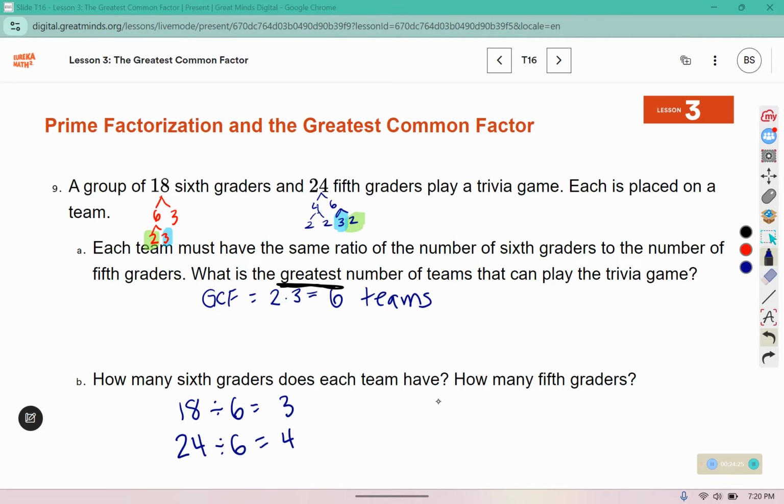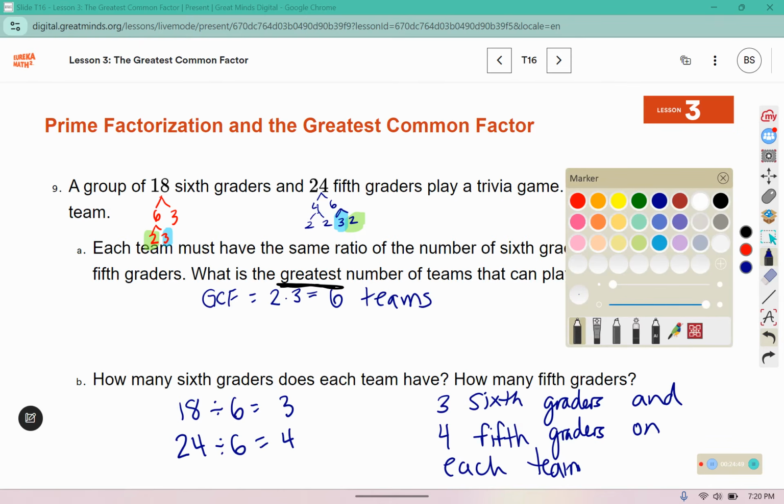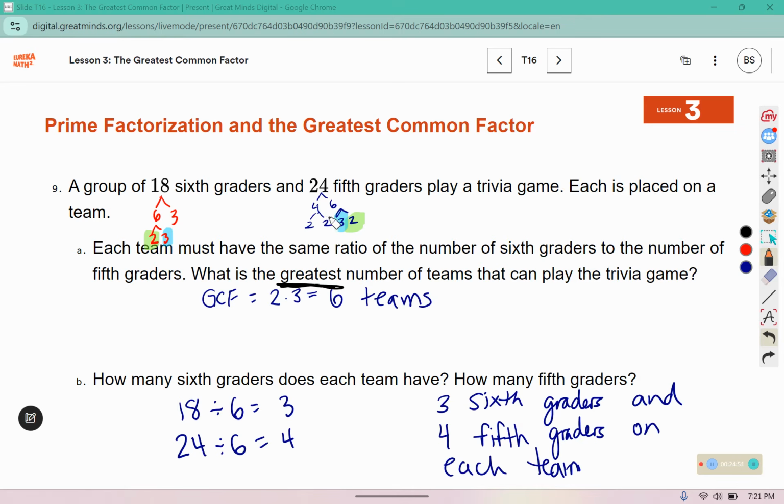So there are 3 sixth graders and 4 fifth graders on each team. You could also look at what remains. 2 times 2 is 4, and this one has a 3 remaining.